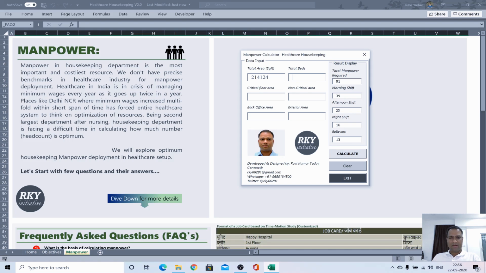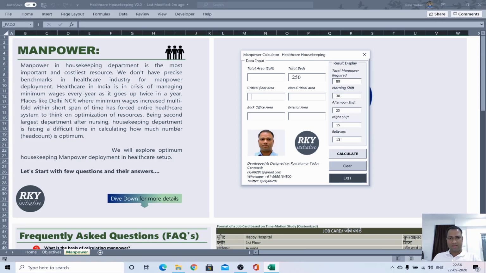If you have the total number of beds, once you enter it, the data from total square feet area will be deleted automatically, so there is no confusion from entering both. For example, if you have a 250-bed hospital and you calculate, you will arrive at the result here.